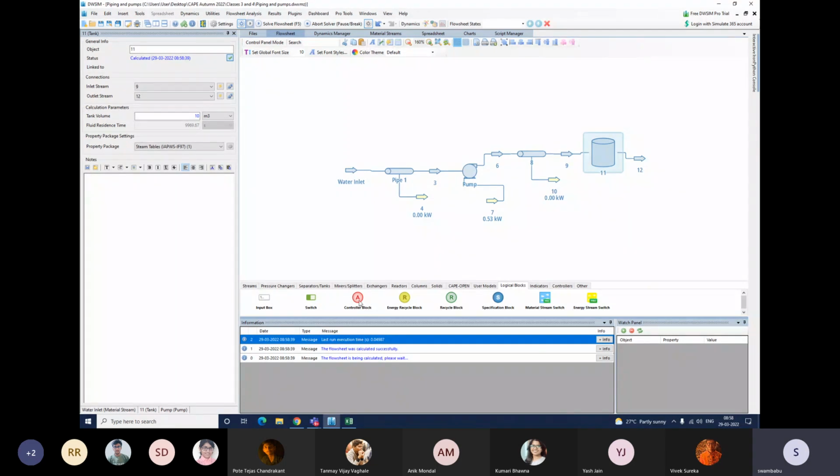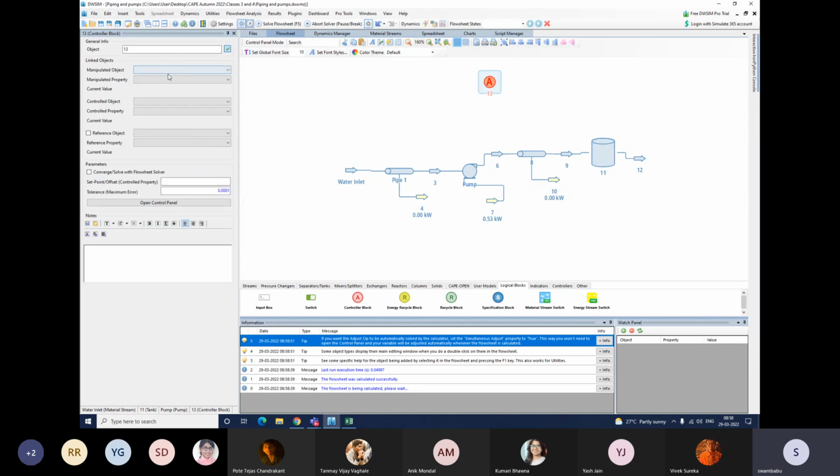Let's say this adjust function here: the manipulated object is the water inlet, mass flow 1 kg per second, and the controlled object is 11, that is the tank, and the residence time. Let's say I wanted to reduce this to a set point value of 9,000 seconds, and run the flow sheet.